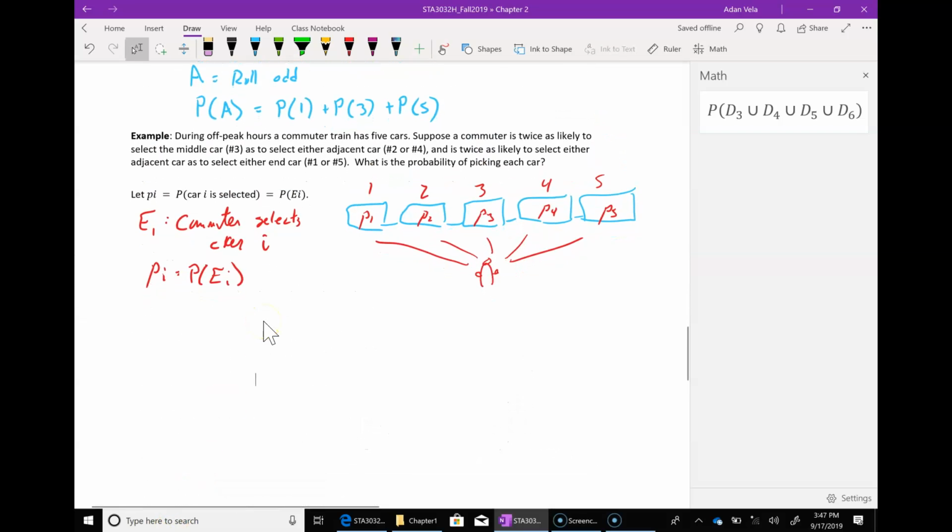So the question here is we want to know what the probability of selecting each event is. If we think about our sample space, it's given by 1, 2, 3, 4, and 5.